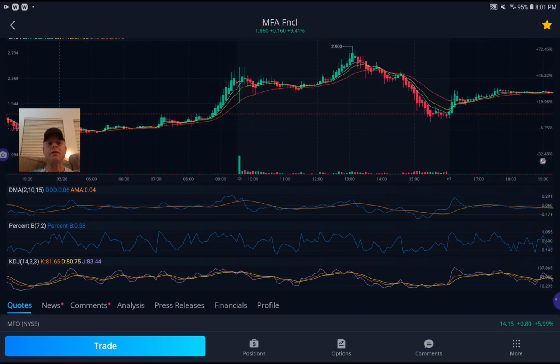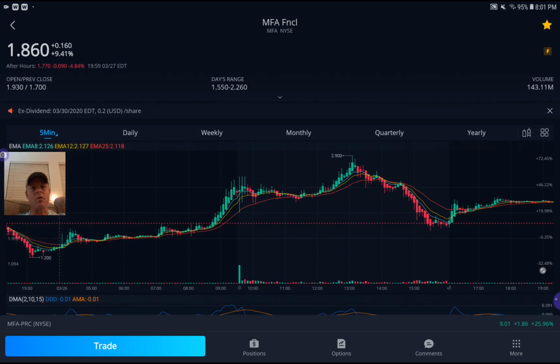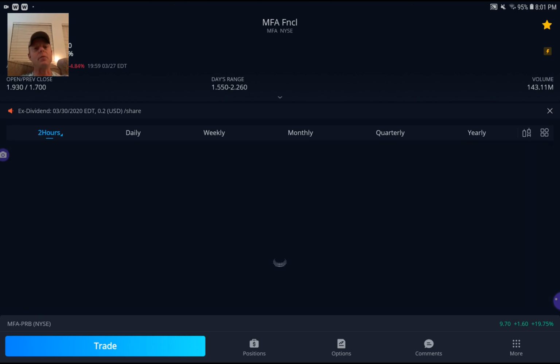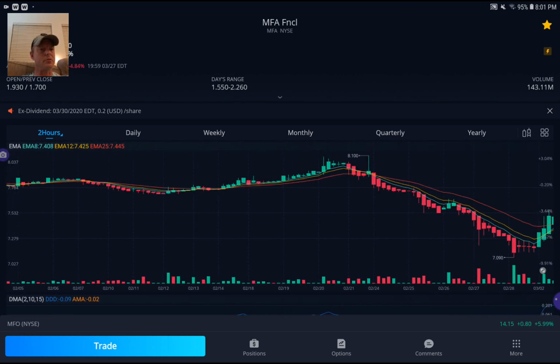And if you're the type to hold stocks for a little bit longer, you can always increase this to say you want to know how this is doing on a longer term trend. I mean, you can bump it out to 2 hours and zoom in a little bit.